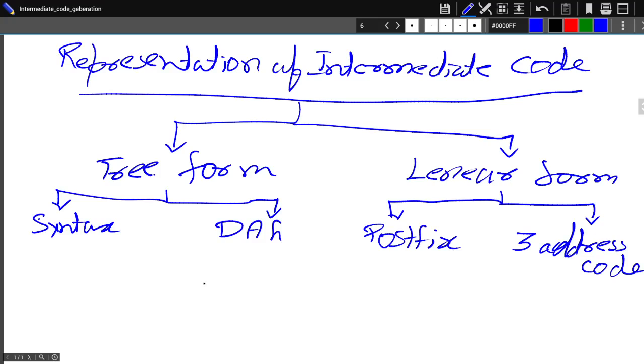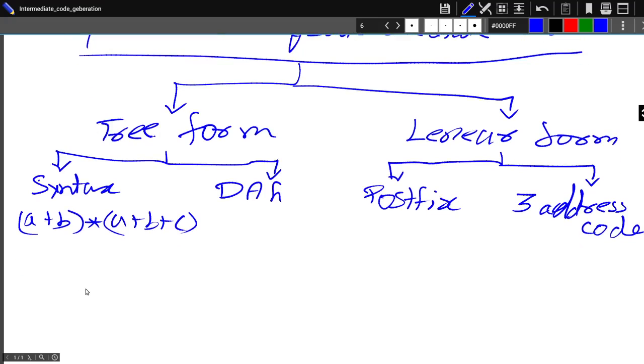Okay, so let me give you an example. Let us suppose the input is something like a plus b, multiplied by, suppose, a plus b plus c. So what will happen in the syntax tree?